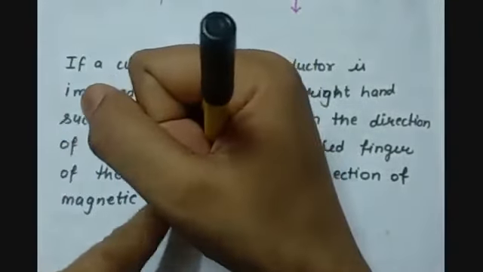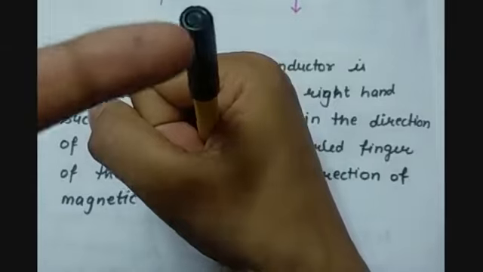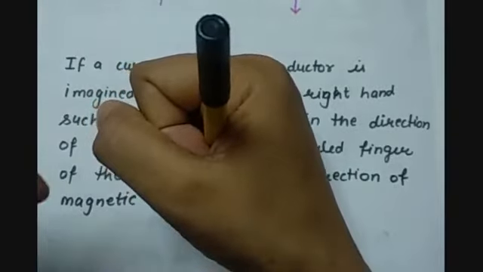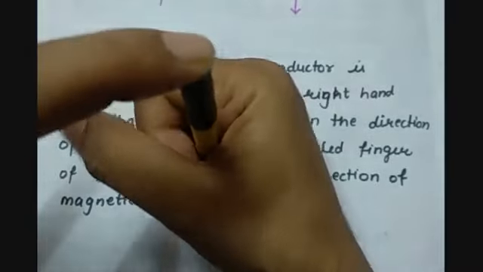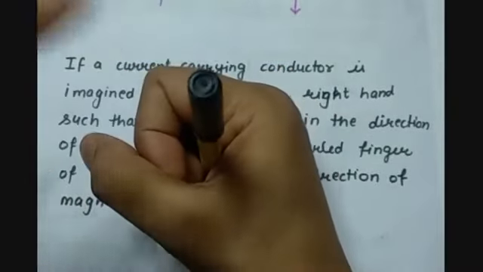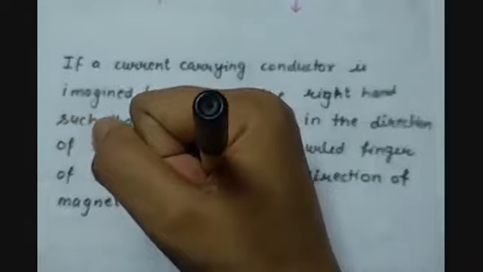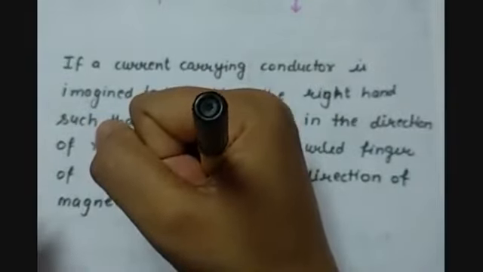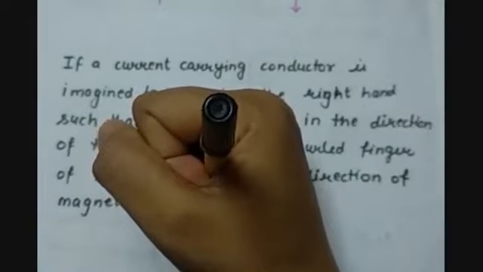So it is coming from downwards and going upward. Then these curled fingers, you can see here, are showing the magnetic field lines around it. But how to know what direction it is?